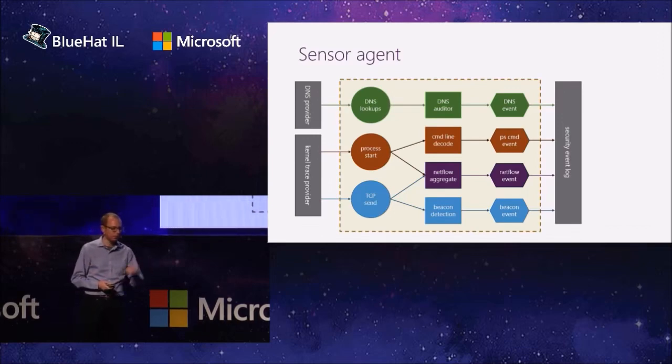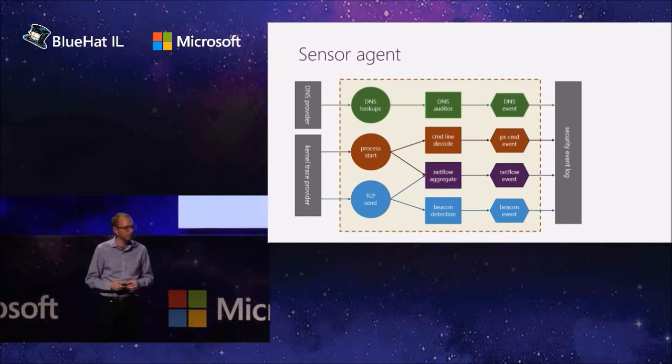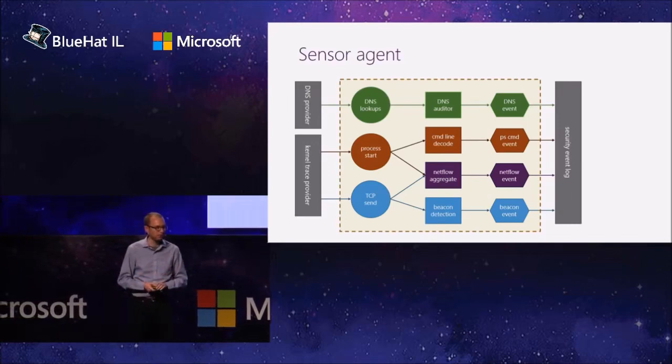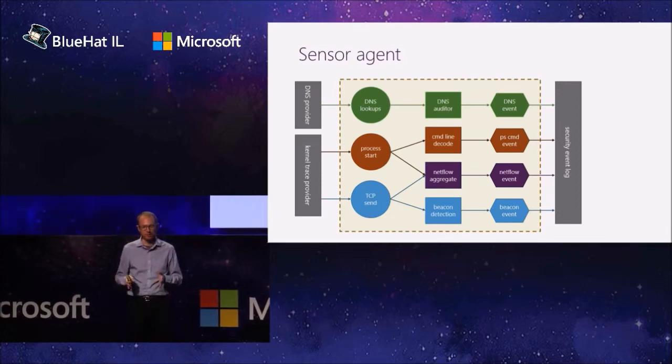So I can see whether PowerShell, svchost, LSASS, any application on the system is sending data. I can see which IP addresses it's sending it to. I can see how much traffic is being sent. I can do interesting analyses here in real time, like looking at the inter-packet timing of TCP and UDP activity to look for beaconing that might indicate command and control.